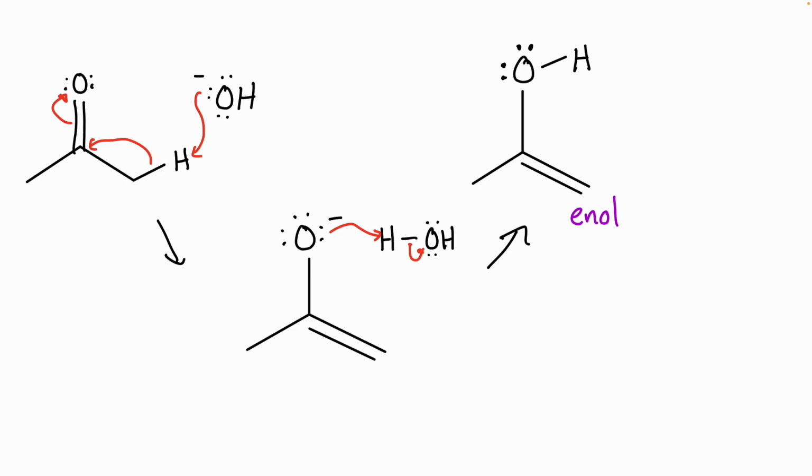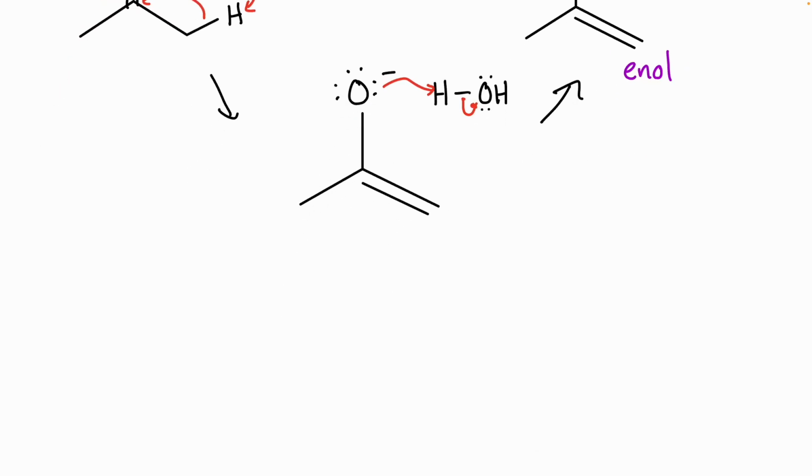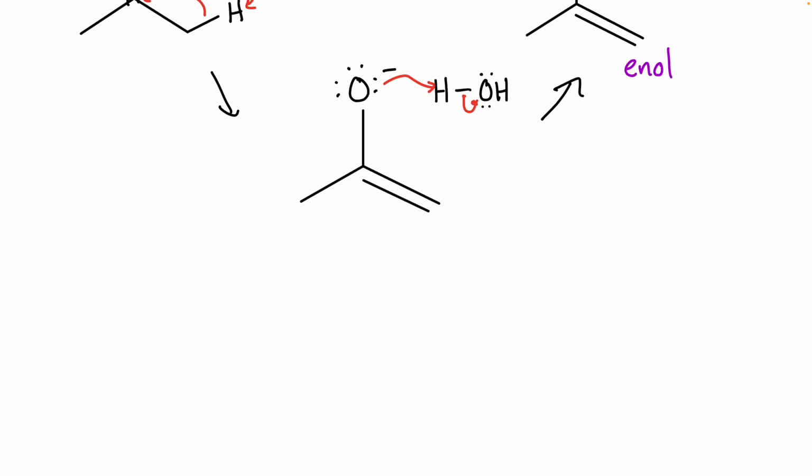This thing in the middle, though, is going to be kind of the superstar of pretty much the remainder of this chapter here. And this thing is what's called an enolate ion. Right?